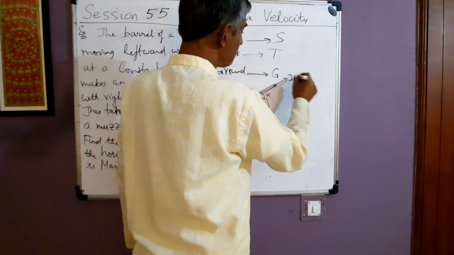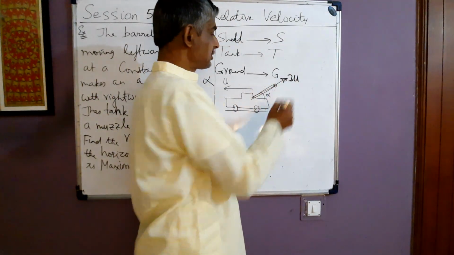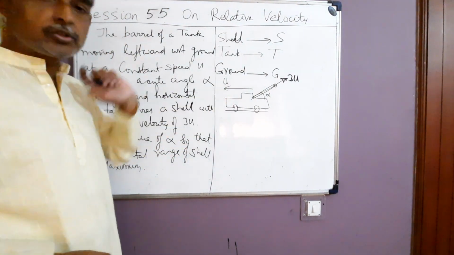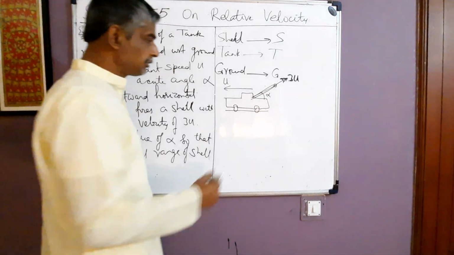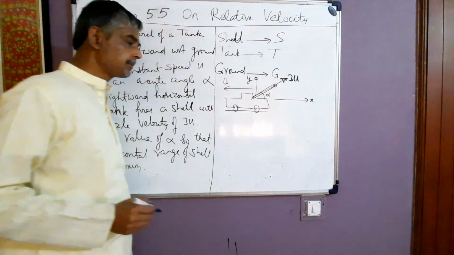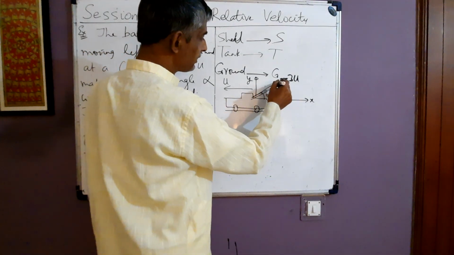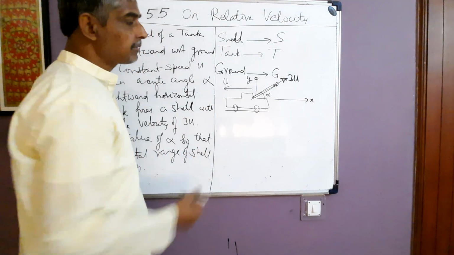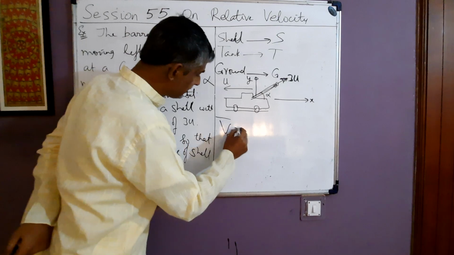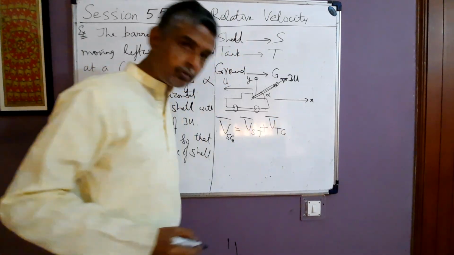So 3u is the muzzle velocity of the shell with respect to the tank, and u is the constant velocity of the tank with respect to ground. Now we take the rightward direction as the x-axis and the upward direction as the y-axis. When the shell emerges from here, it will have some velocity with respect to ground, say Vsg. Vsg is the velocity of the shell with respect to the tank plus the velocity of the tank with respect to ground.